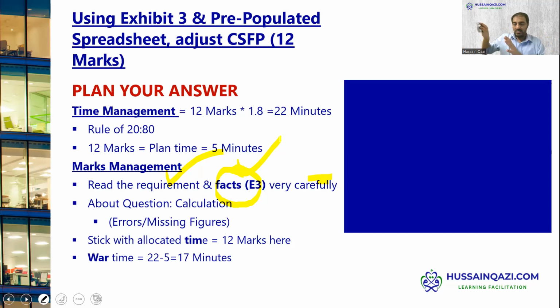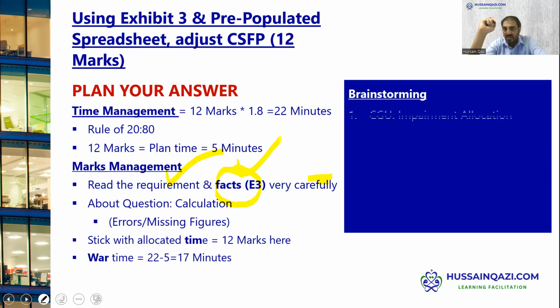So before entering the war zone, brainstorm. Number one, here cash generating unit impairment allocations, reclassification of Trailer net assets as disposal group. All the identified assets must be collectively reported as current assets, or liabilities reported as current liabilities.